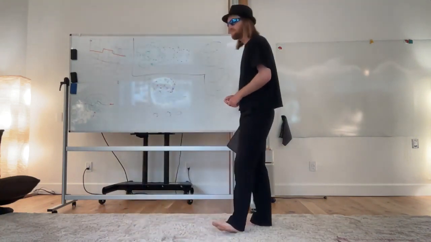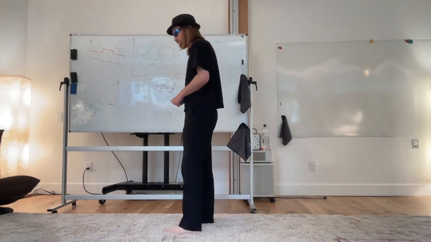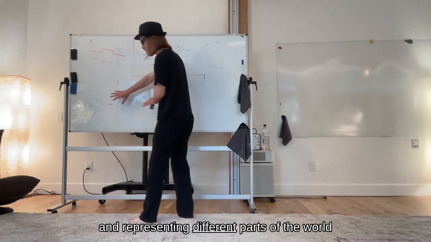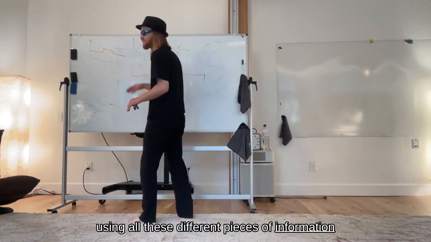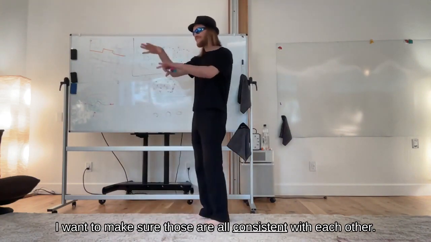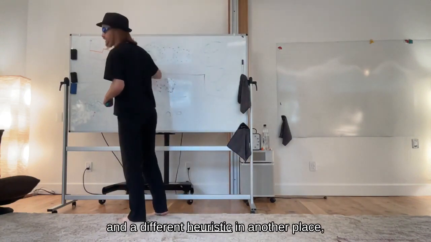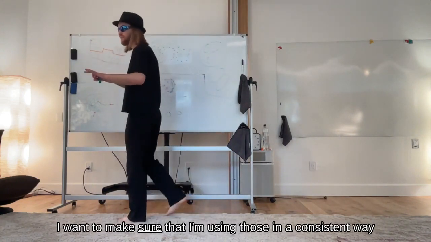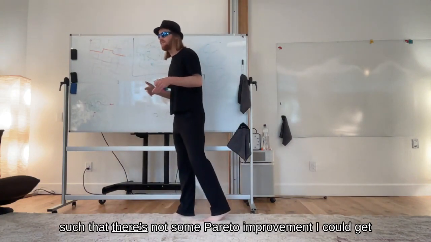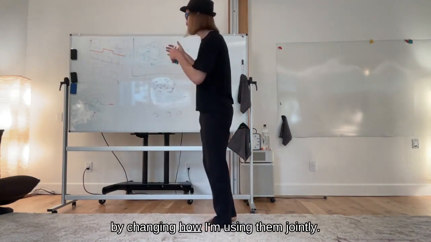So there's a consistency pressure: insofar as I'm breaking up the world and representing different parts of it using different pieces of information, heuristics, or conserved quantities, I want to make sure those are all consistent with each other. If I'm using one heuristic in one place and a different heuristic in another, I want to use them in a consistent way, such that there's no Pareto improvement I could get by changing how I'm using them jointly.